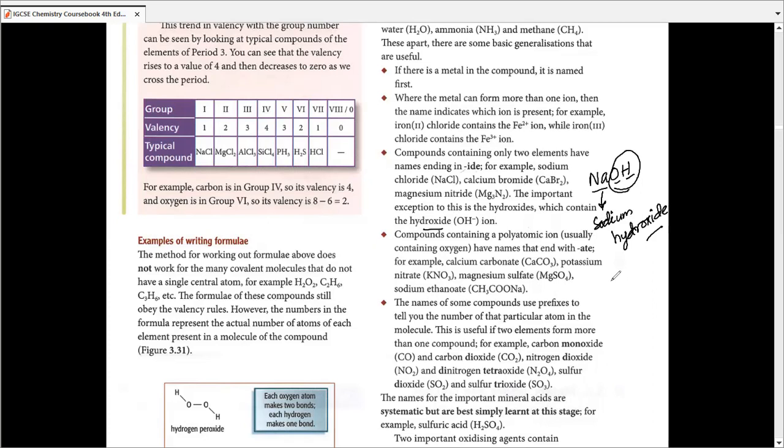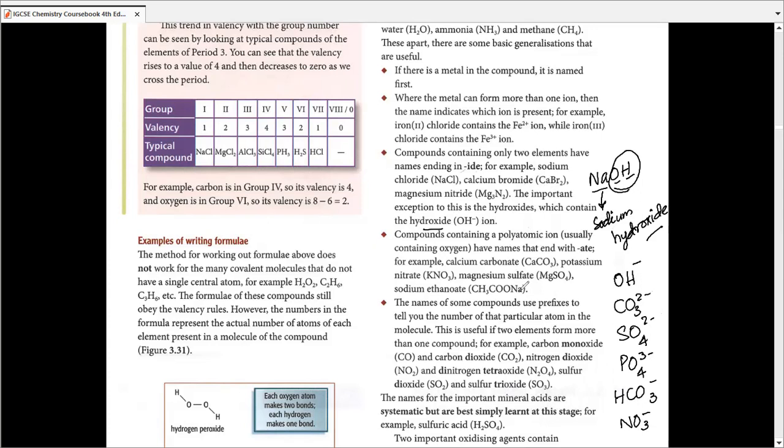If you remember, we discussed OH negative as hydroxide, CO3 negative 2 as carbonate, SO4 negative 2 as sulfate, PO4 negative 3 as phosphate, HCO3 negative as hydrogen carbonate, and NO3 negative as nitrate. So the names are going to be the same. We just use the first one in here as an exception to the 2-element rule.